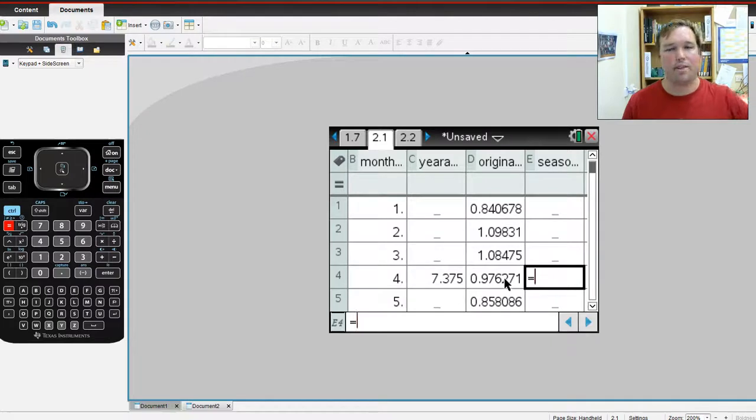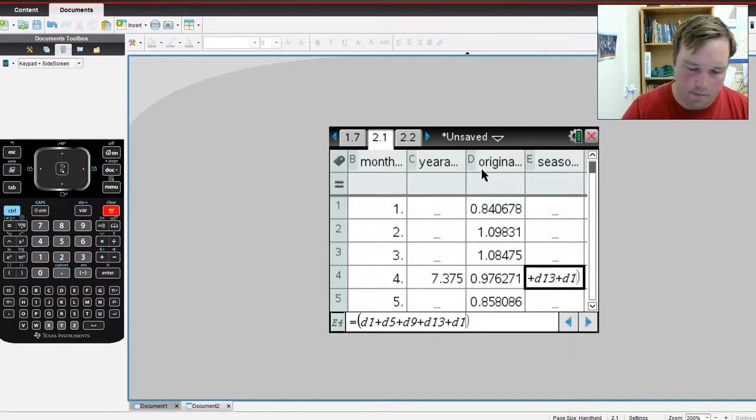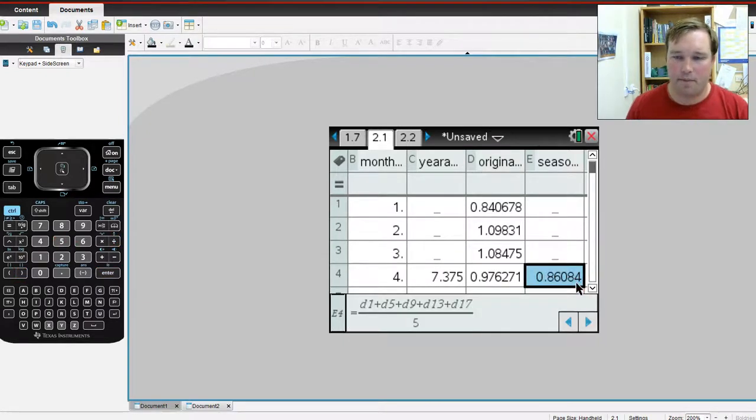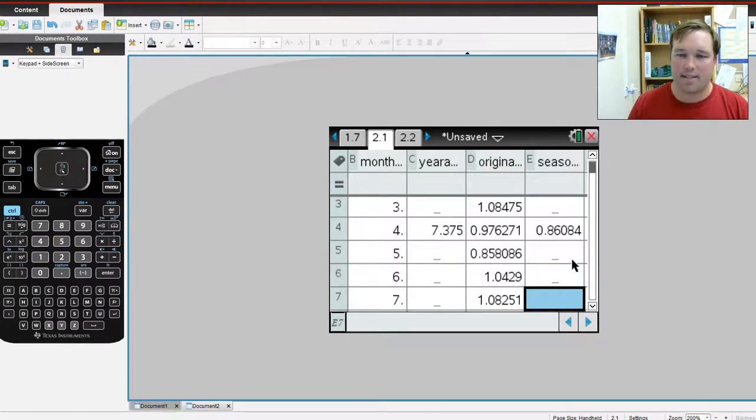I want to be talking about the seasonal indices. So, column D. D1 plus D5 plus D9 plus D13 plus D17 divided by 5. That's better. Now we want that. That's the seasonal index for summer.